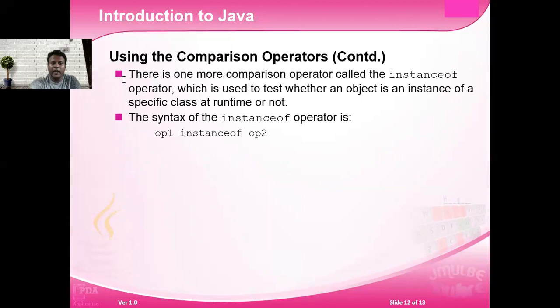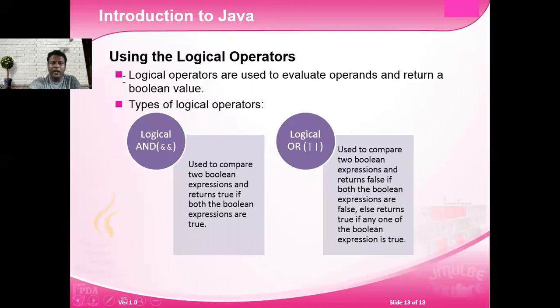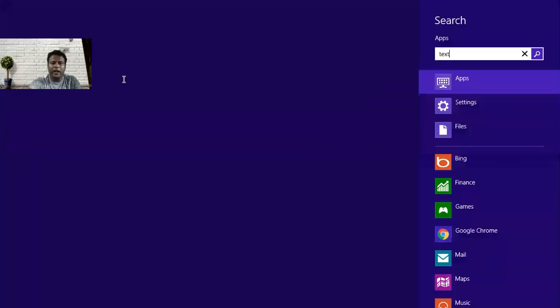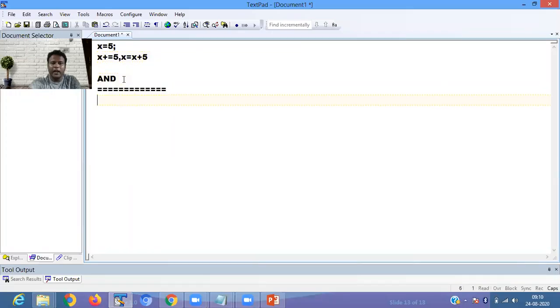We use instanceof here, op1 is an object, instanceof op2. Then come the logical operators. If it is true, the result is true; if it is false, the result is false.